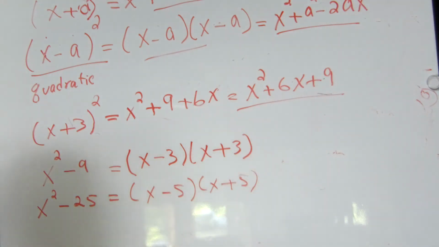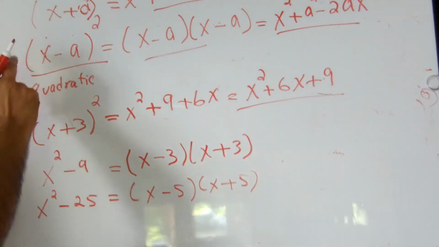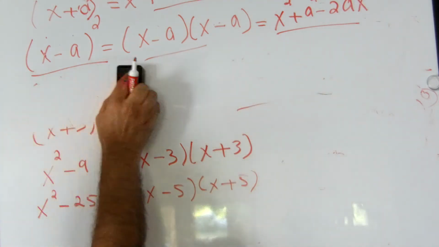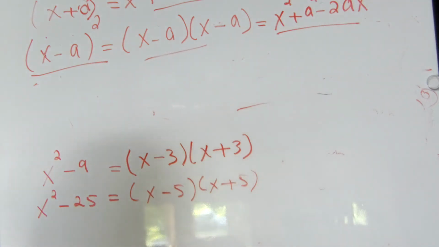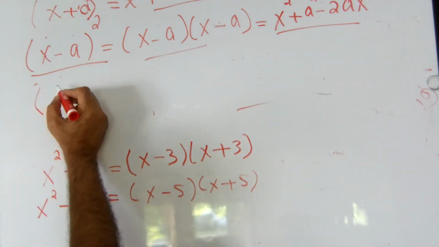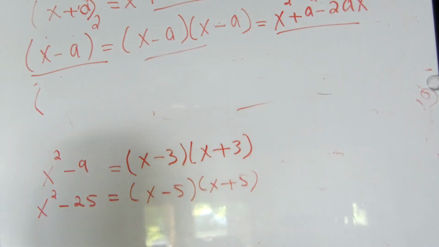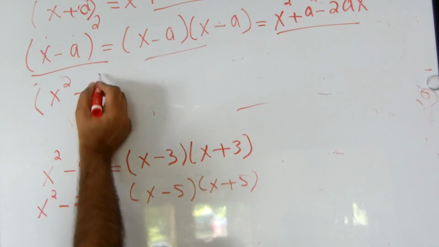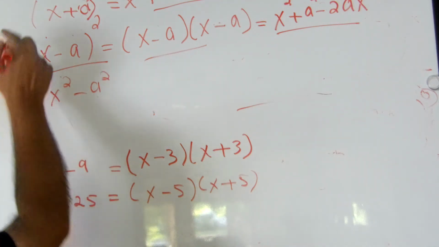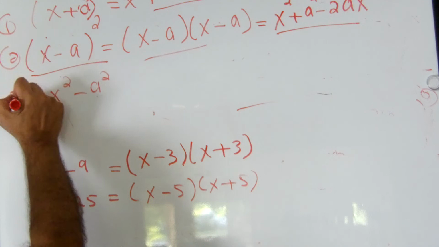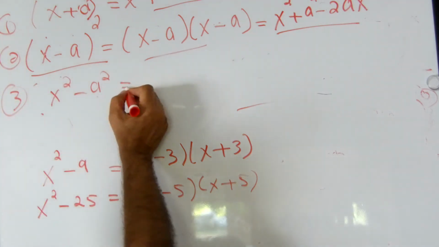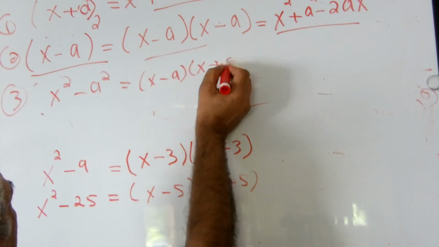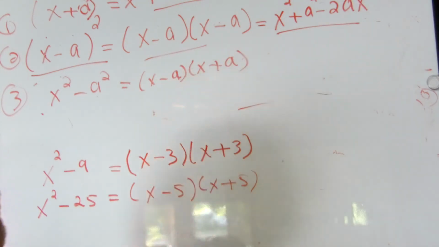These are very important points that we are going to use a lot. So this is x squared minus a squared. We talked about this one, and what we said is that it is x minus a times x plus a. Okay?